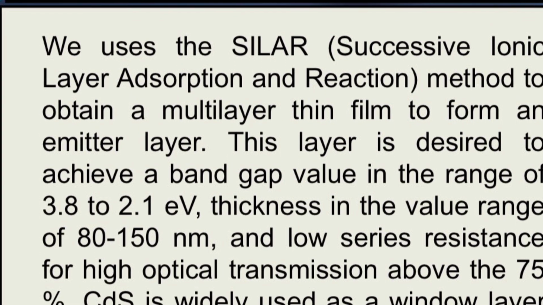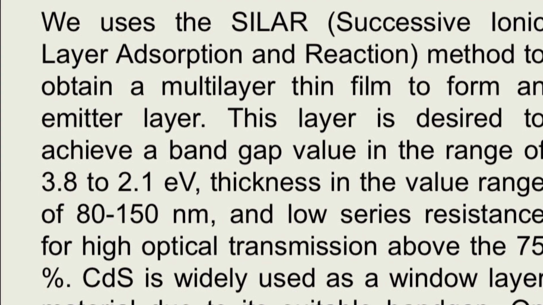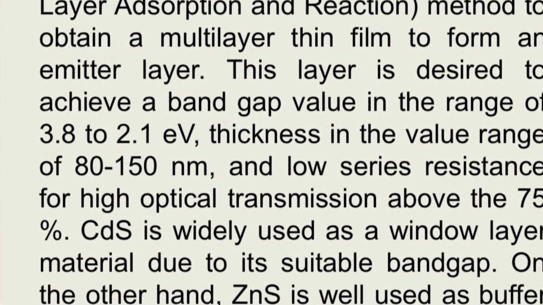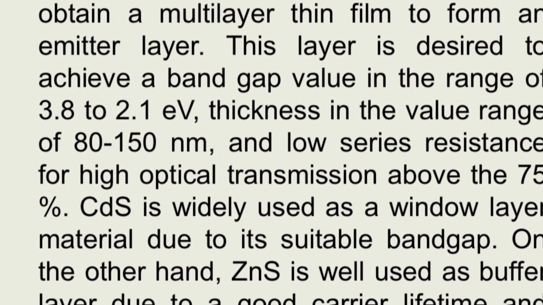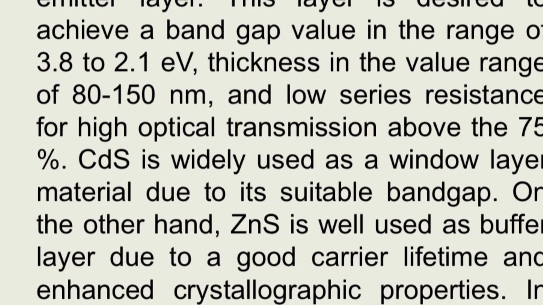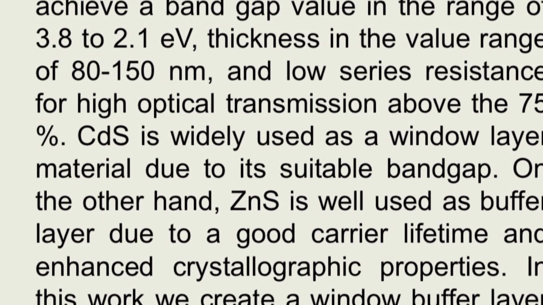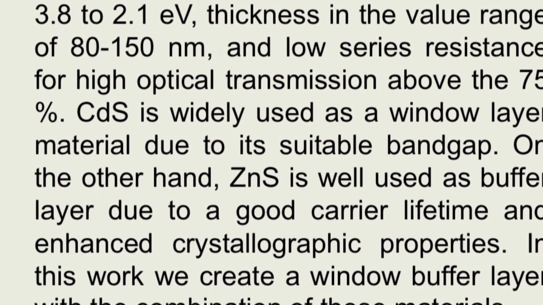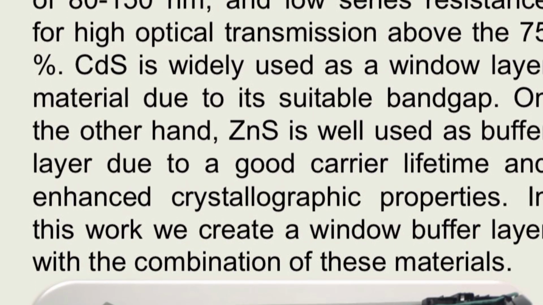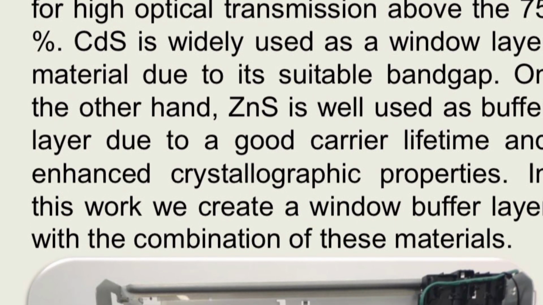In this project, we work to synthesize a multi-layer structure based on zinc sulfate and cadmium sulfate to construct an emitter layer. These two materials are well studied in the literature and have the properties to be named a good emitter layer.